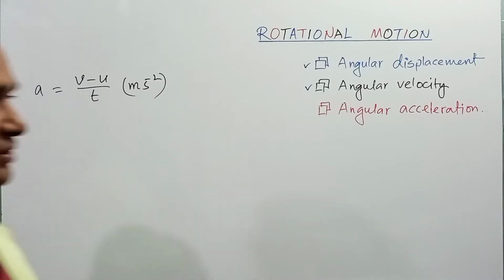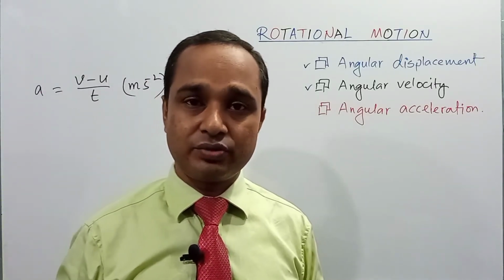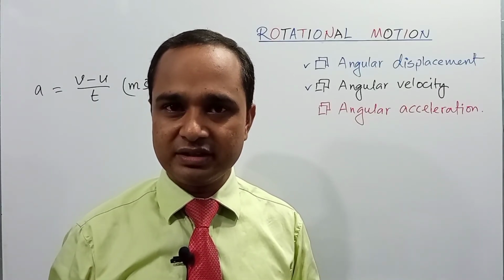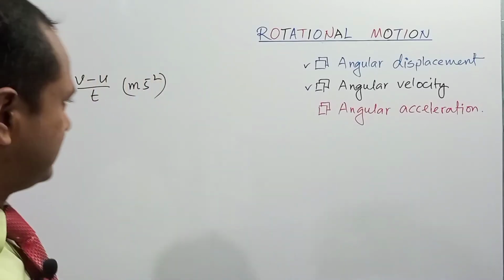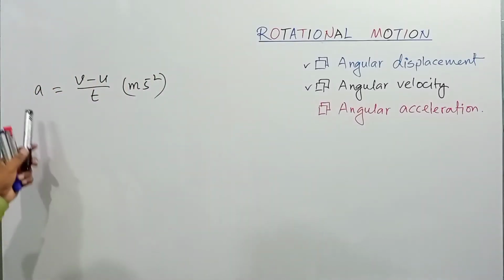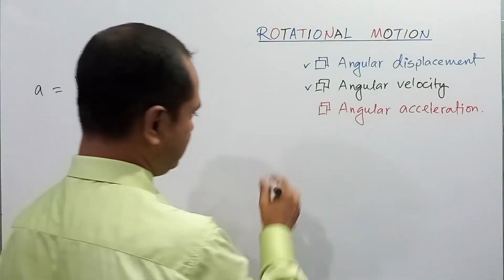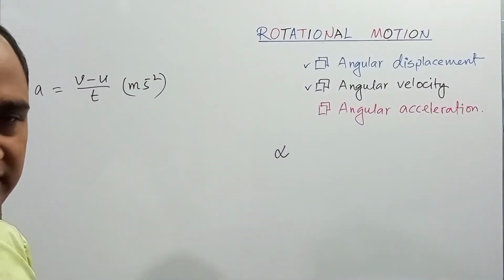Similarly, the definition of angular acceleration can be expressed as rate of change of angular velocity. Rate of change of angular velocity is called angular acceleration. So, dear student, maintaining the same structure of the expression, angular acceleration is denoted by alpha.